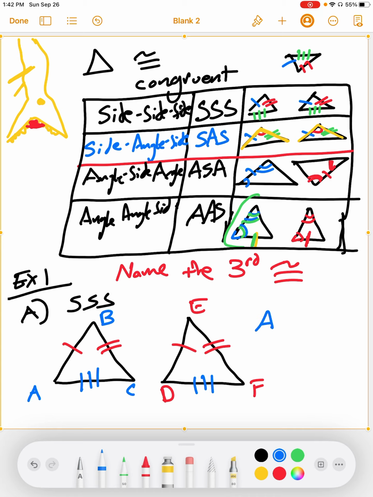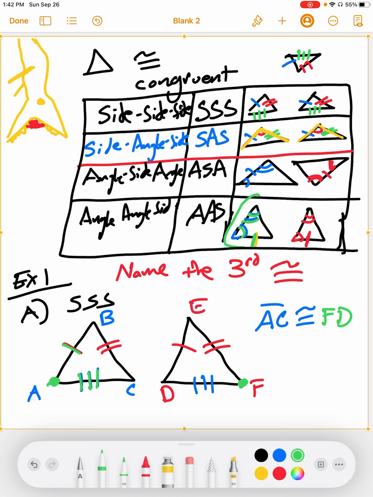Okay, well, to have it be side, side, side, we would need this third side equal. So if I said side AC would have to be congruent to, now how would I name it? If I said AC, that's going from this corner, notice that corner touches the side with one hash mark. Okay, so it's touching the side with one hash mark and three hash marks. Could I start and say FD?